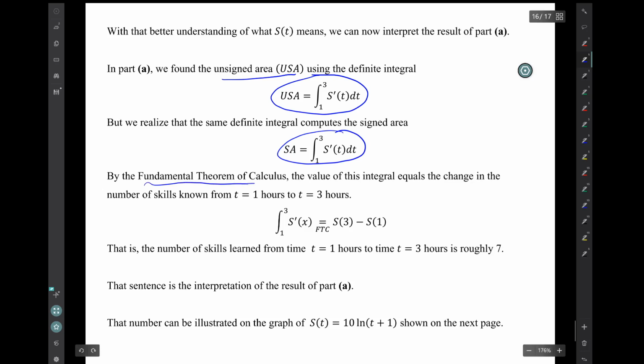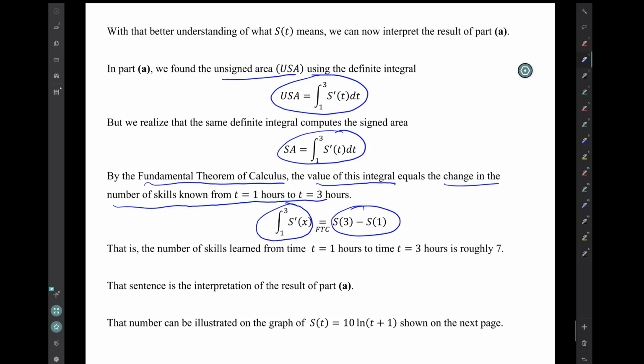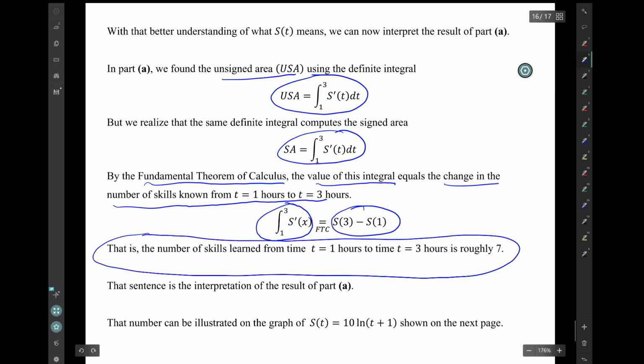But the fundamental theorem of calculus tells us that the value of this definite integral equals the change in the number of skills known from time 1 hour to time 3 hours. That is, this definite integral of capital S prime is equal to capital S of 3 minus capital S of 1. So that means that the number of skills that were learned from time 1 hour to time 3 hours is roughly 7. That sentence is the interpretation of the result of part A.